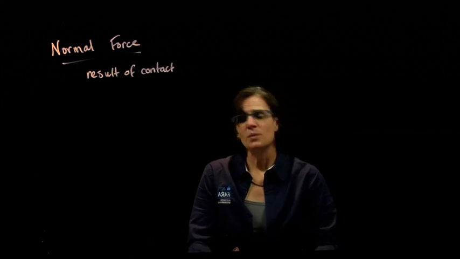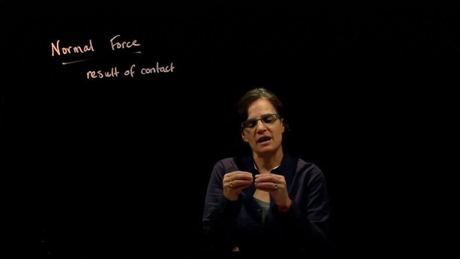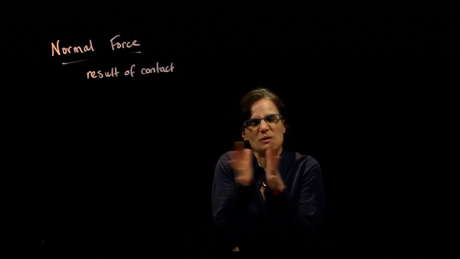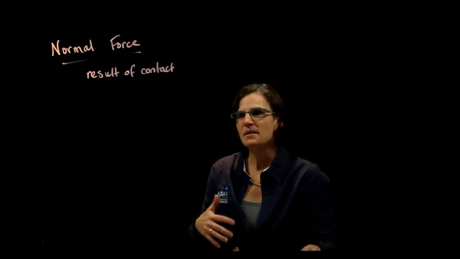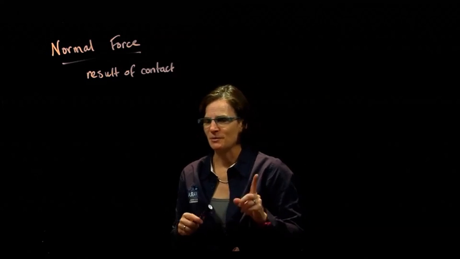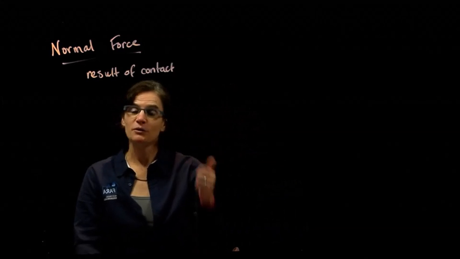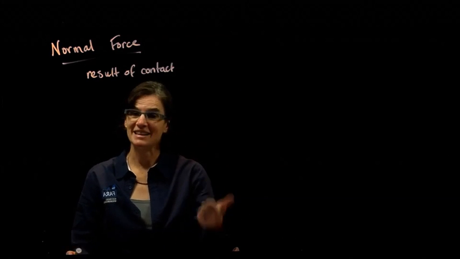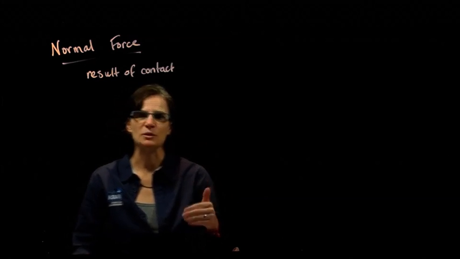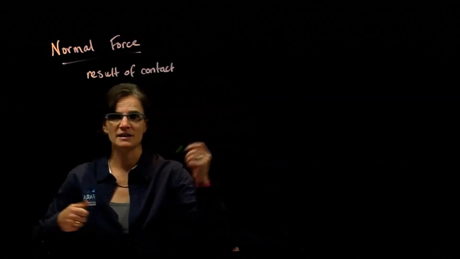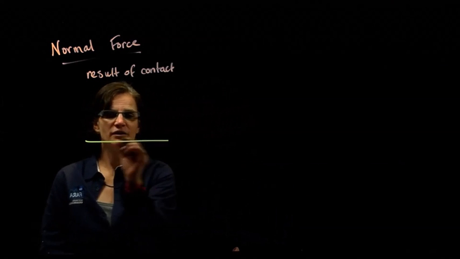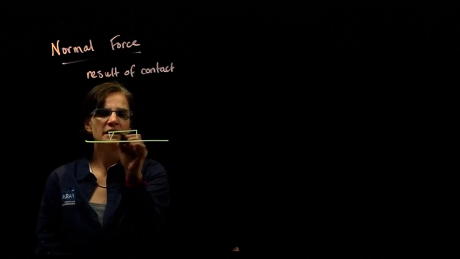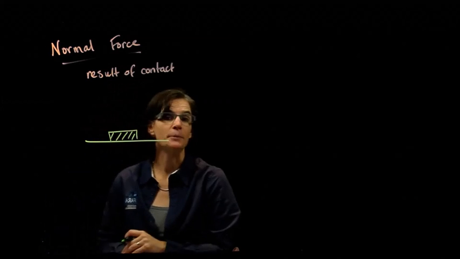Now, we said that the normal force was the result of that contact and those molecules getting squished and wanting to push back, right? But there's some other features about the normal force that we want to make sure we understand. So we first have to appreciate that the contact exists and it's contact between two very specific objects. So let's say that we have a block of wood sitting on a table.